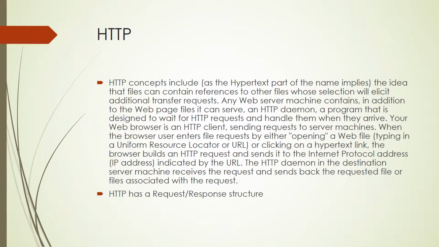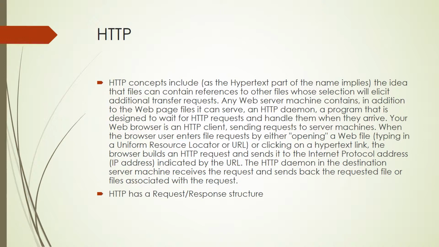Your web browser is an HTTP client sending requests to server machines. When the browser user enters file requests by either opening a web file, typing in a uniform resource locator, or URL for short, or by clicking on a hypertext link, the browser builds an HTTP request and sends it to the Internet Protocol address, or the IP address, indicated by the URL.